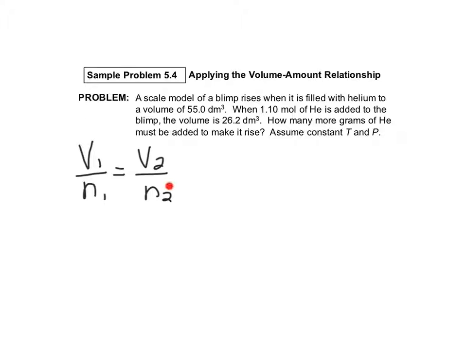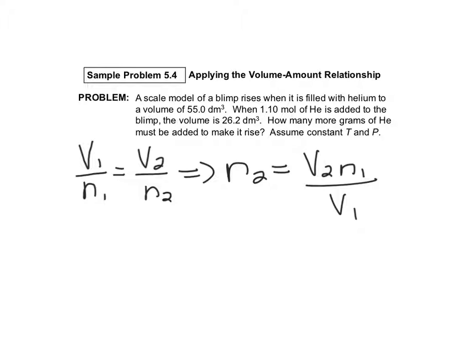All right, so let's see. This N2, that's what I'm going to be solving for, right? I need to know what my new moles are, so I'm going to do some algebra here. N2 is equal to V2 times N1 divided by V1.